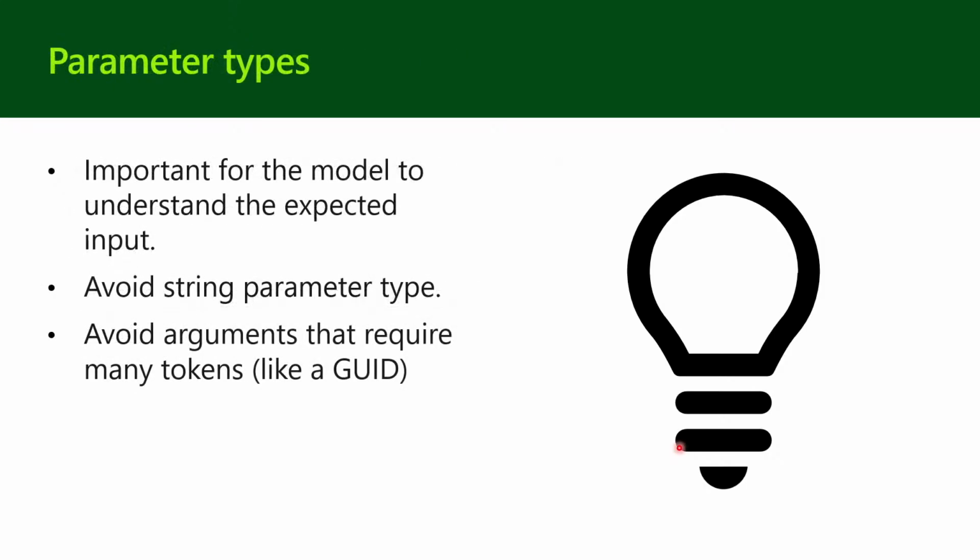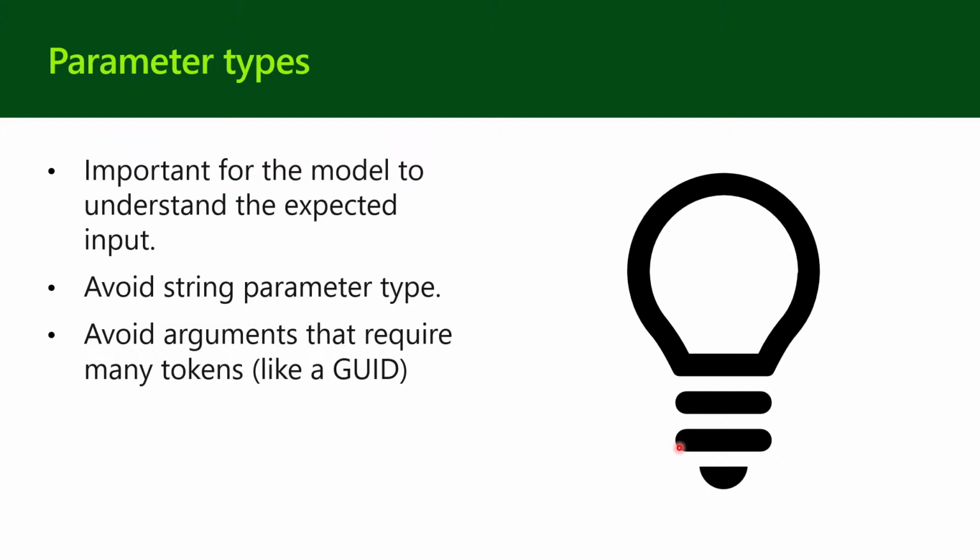The second best practice is parameter types. It's important for the model to understand expected inputs. For example, in our sample, we use enums for pizza toppings, right? We use pizza size, small, medium, large, instead of using string, right? String is not a good parameter type for the AI. Why? Because the AI couldn't understand what this string is for.